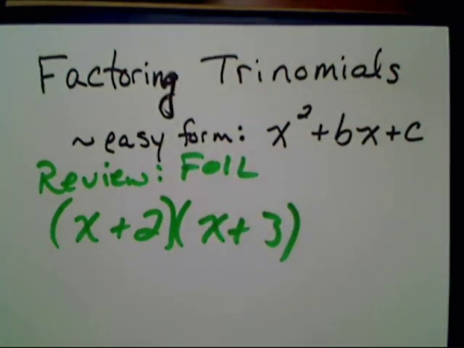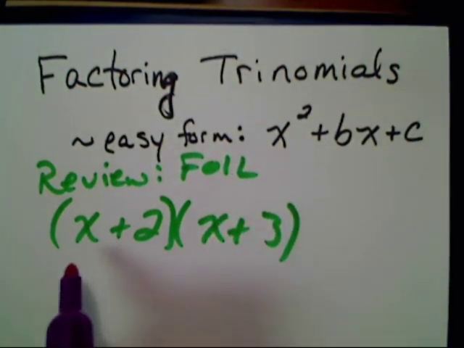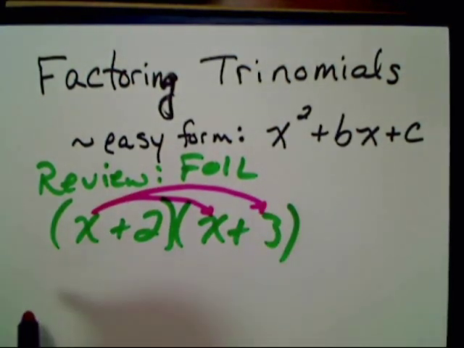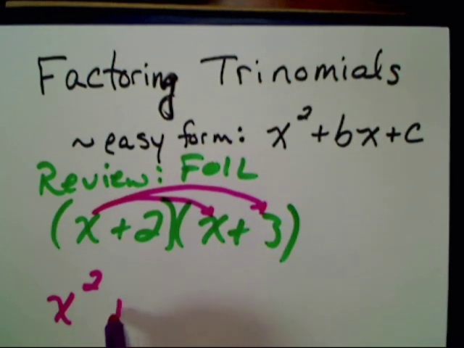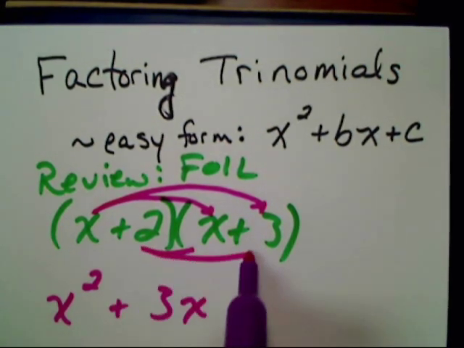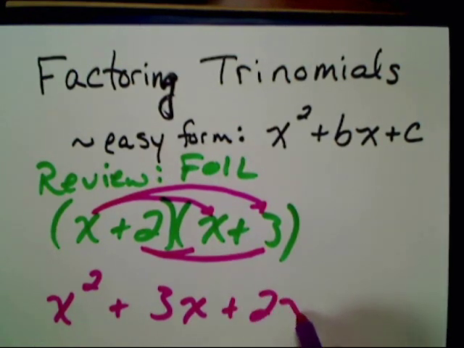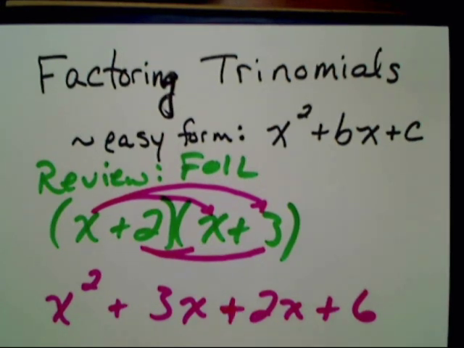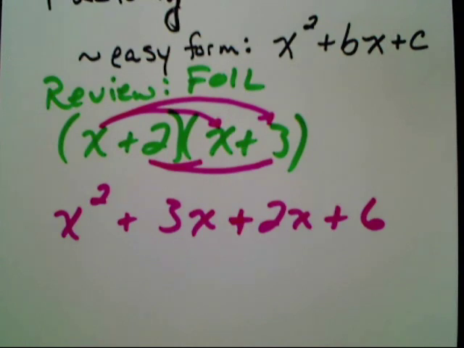And in order to simplify that, you took your first term and you distributed it through the outside. That gave us x squared plus 3x, then the inside and the last, plus 2x plus 6, separating all of our terms nicely with our plus signs. And then we noticed that the middle terms, the O and I of FOIL, were like terms.